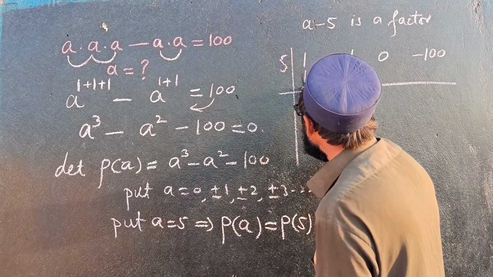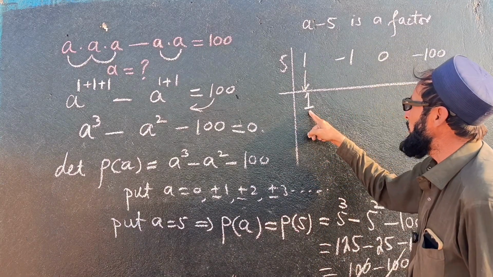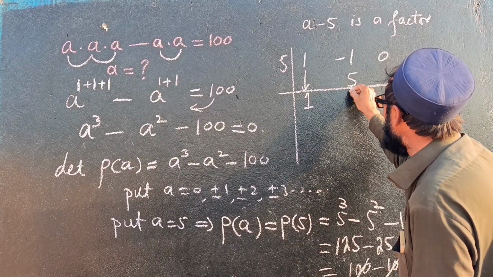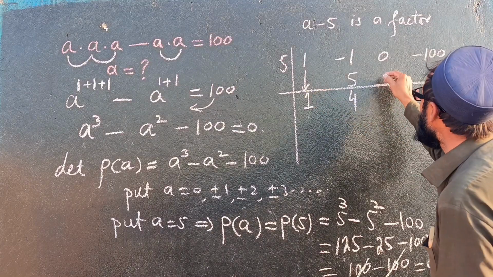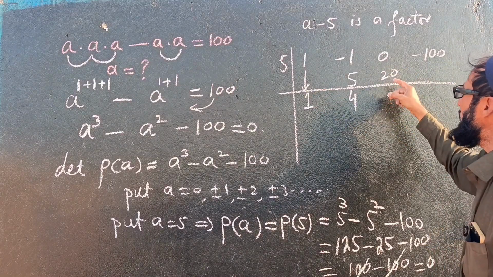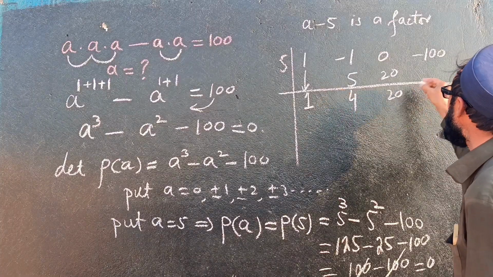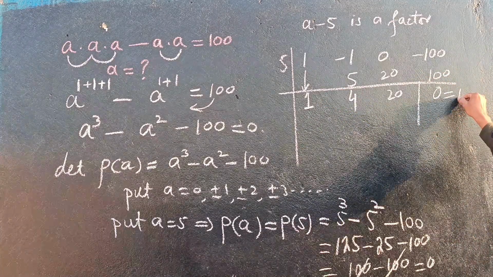The first value we bring down is the same, with no change, and 5 multiplied by 1 we get 5. Minus 1 plus 5 we get 4, multiplied by 5 we get 20, and 20 plus 0 we get 20, and 20 multiplied by 5 will be 100. If we subtract, the result is 0.